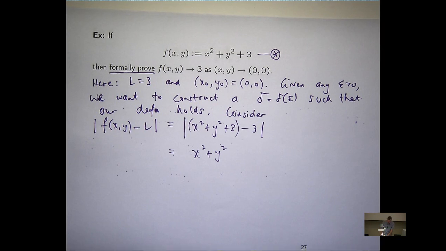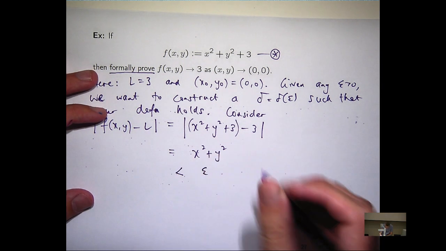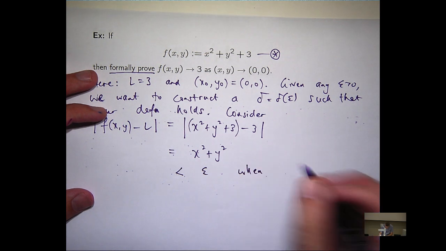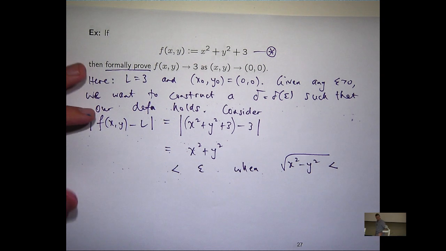Let me show you how I do that. This will be less than epsilon when, what should the bottom right-hand corner be? When is x squared plus y squared strictly less than epsilon?